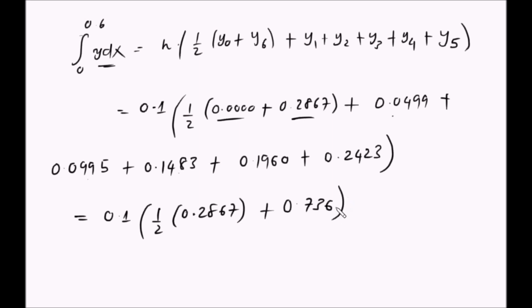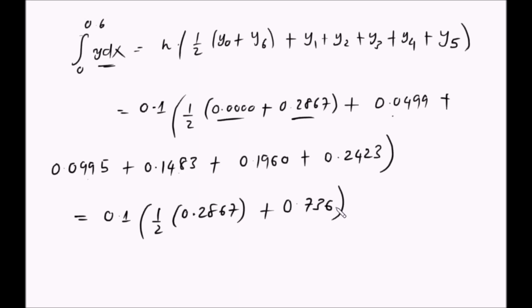So nikichukua hiyo 0.736 jumlisha 0.5 times 0.2867, kwa hiyo kwenye calculator hapa nimekosea kuandika kidogo, so I have to repeat.